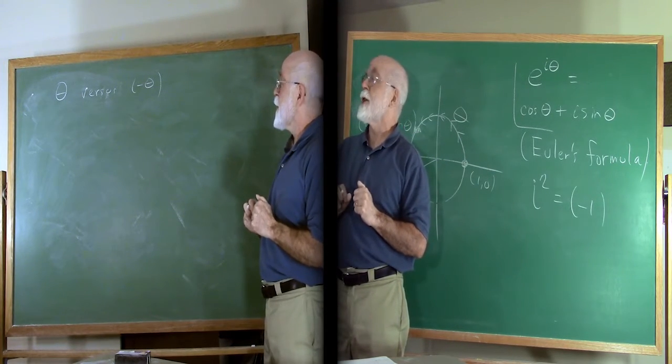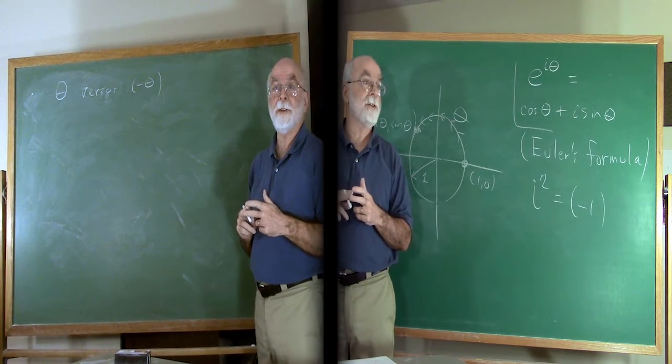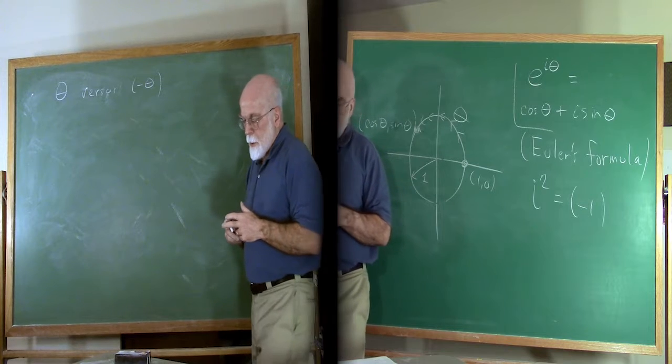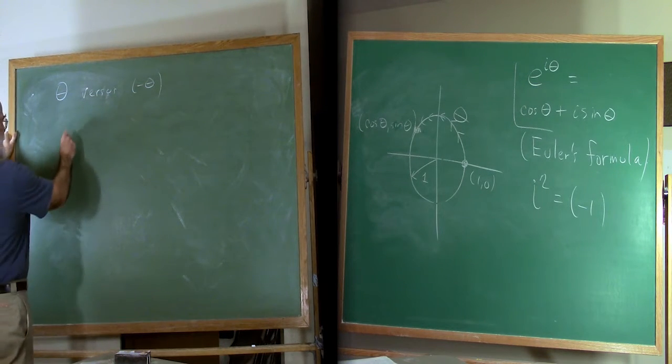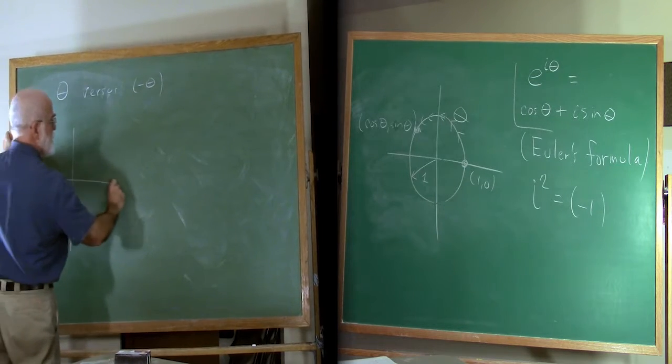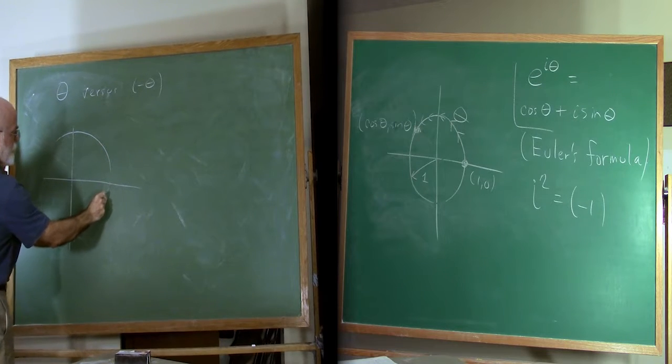There's actually a very strong statement you can make about theta versus negative theta. Everything relies on getting a good picture, at least a chunk of the unit circle.